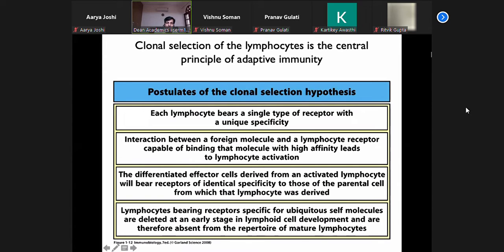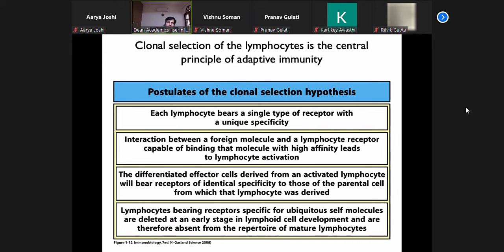So you actually see these different postulates of the theory. Okay, the first postulate is each lymphocyte bears a single type of receptor, right? And the receptor is basically on the surface. And whatever the number of receptors you have, the specificity of each of those receptors is one. It has a unique specificity.